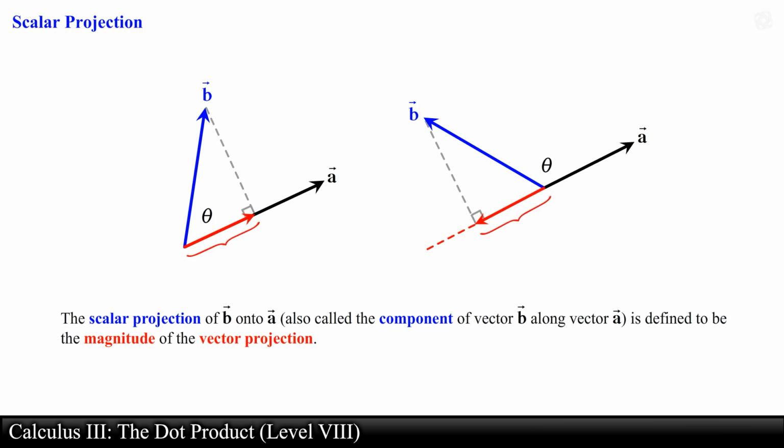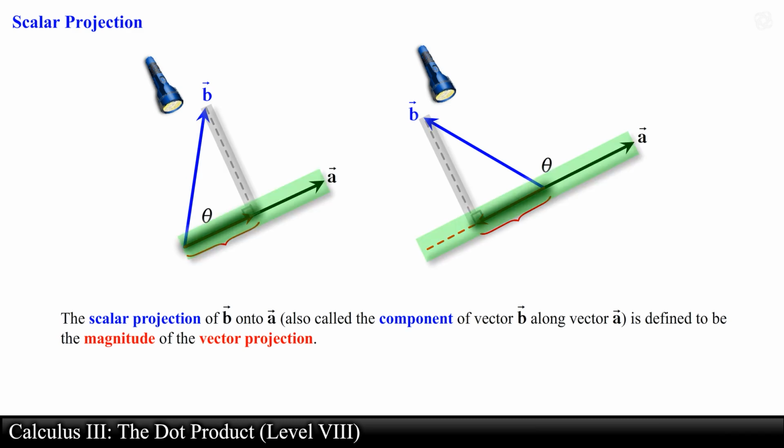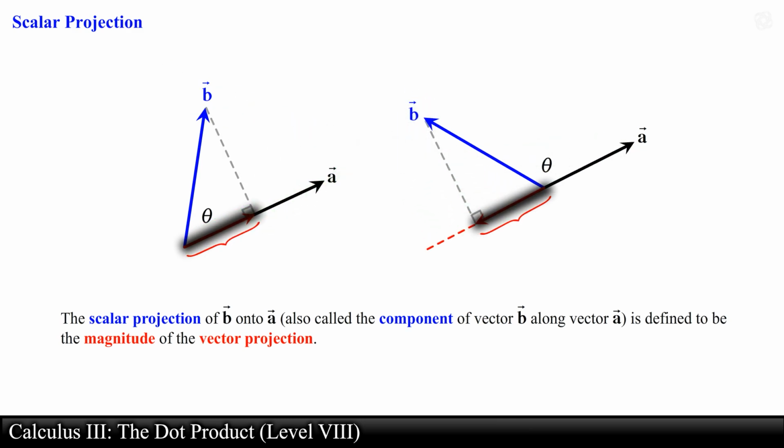You can think of the scalar projection of vector B onto vector A as the length of the shadow that is cast when you shine a light in the direction perpendicular or orthogonal to the line that is parallel to vector A. Using right triangle trigonometry, we see that the scalar projection is equal to the magnitude of vector B times cosine of theta.